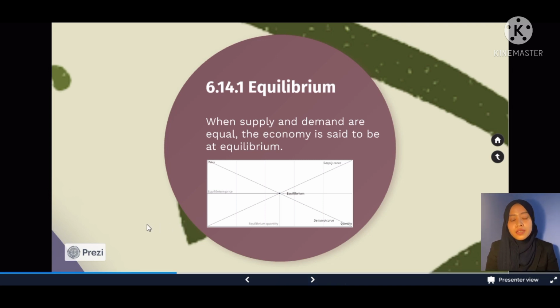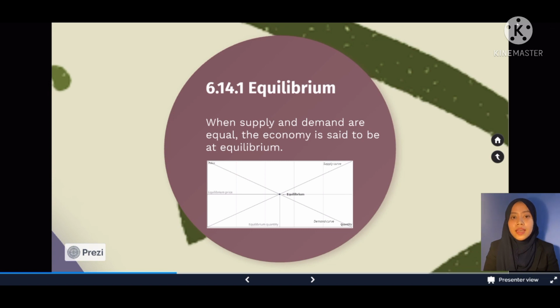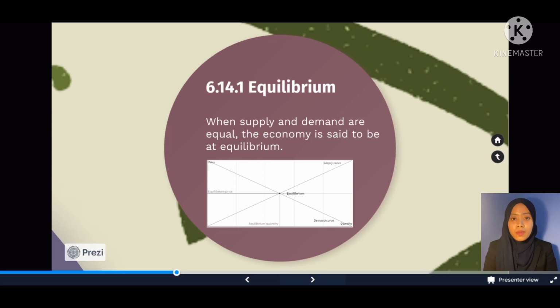At this point, the market price is sufficient to induce suppliers to bring to market that quantity of goods that consumers will be willing to pay for at that price. Supply and demand are balanced, or in equilibrium.